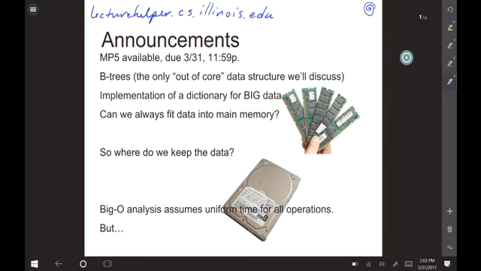Our first additional dictionary implementation has to do with data that is so big that it cannot fit in main memory. The structure that we're going to use for this implementation is a B tree, and at the end of the discussion, I think you'll want to know, well, gosh, BTrees seem so useful. Don't we use it for other things too?